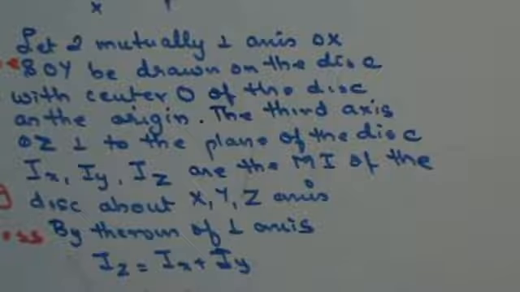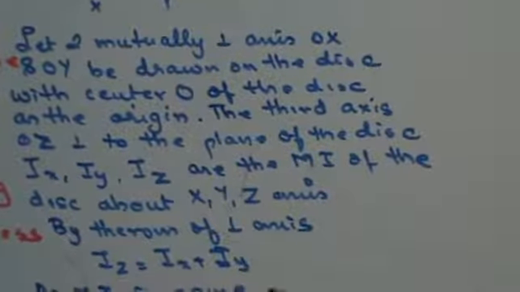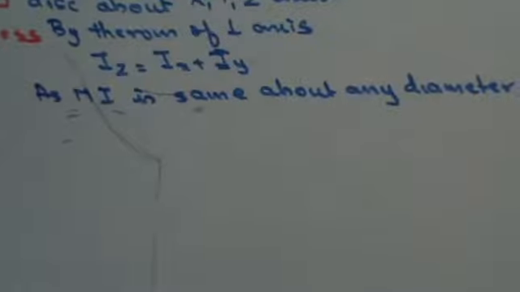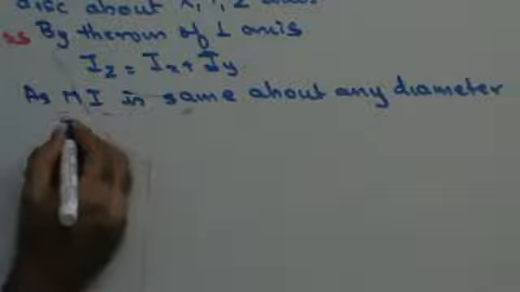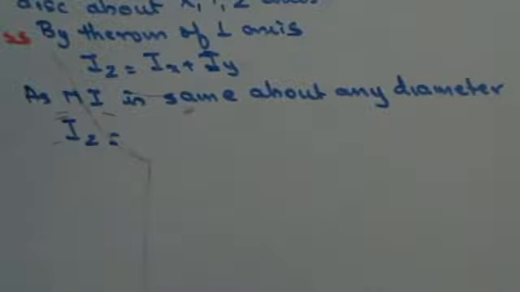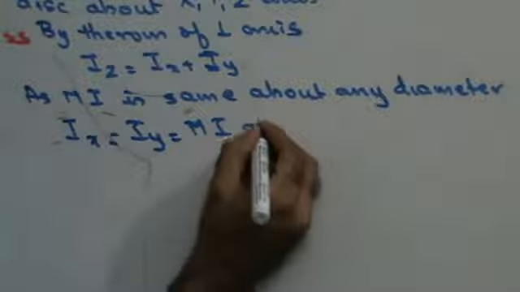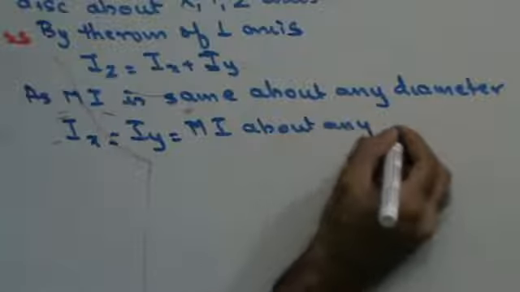Now as the moment of inertia is the same about any diameter, Ix will be equal to Iy, both are diameters. So this is my moment of inertia about any diameter.